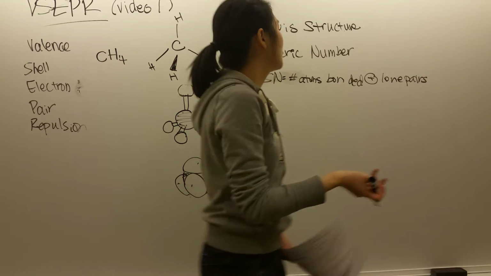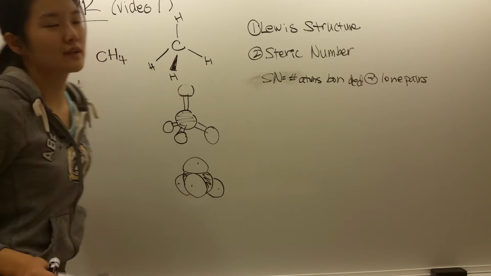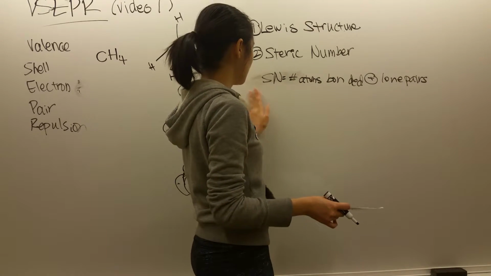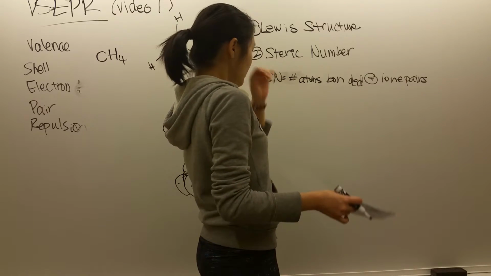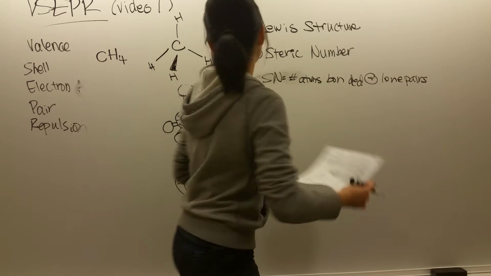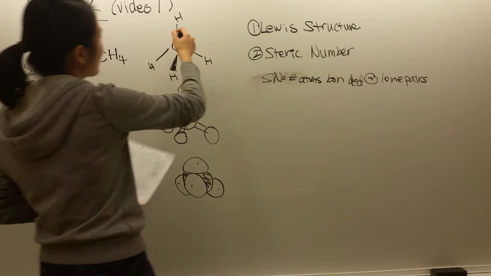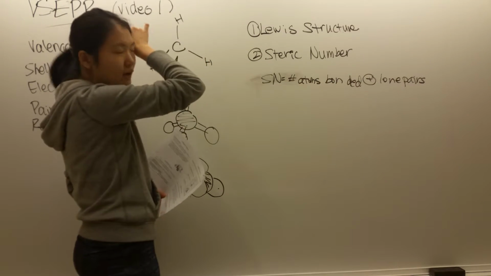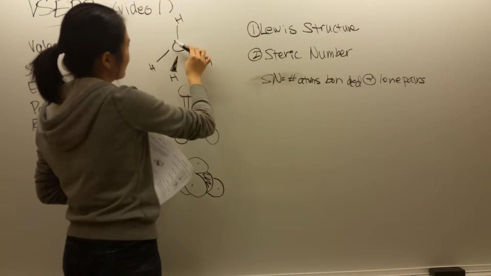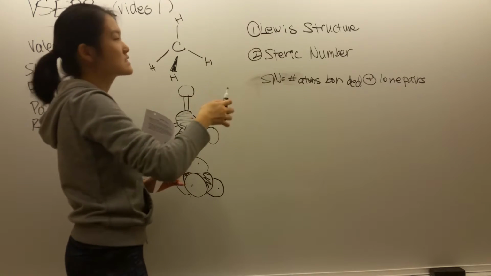But steric number, I'll show you what it is. Steric number is how many areas of electron density you have. In relation to this carbon atom, you have 4 different areas of electron density.